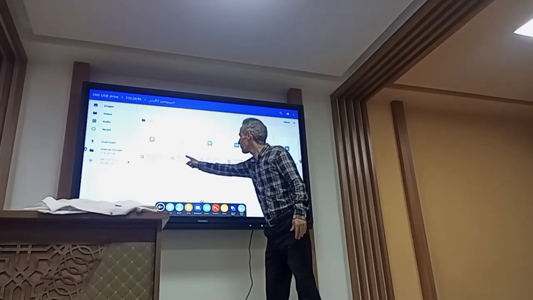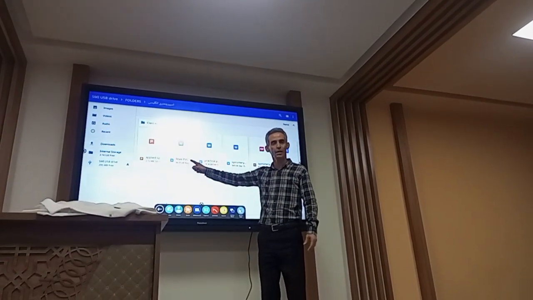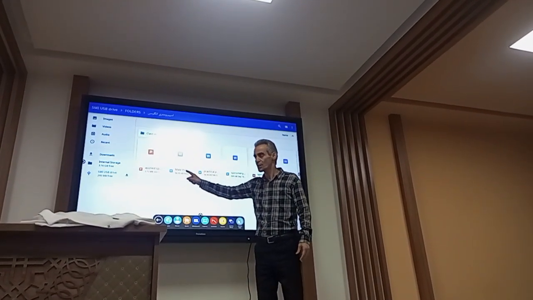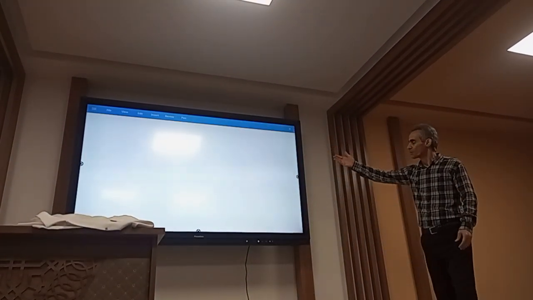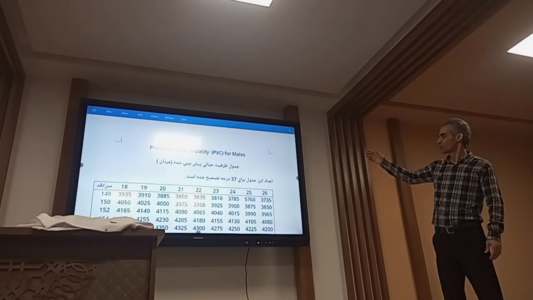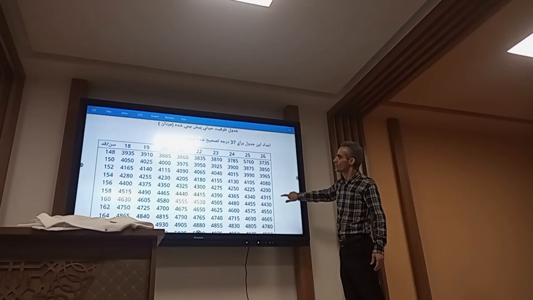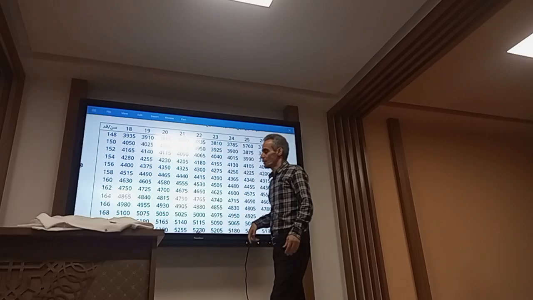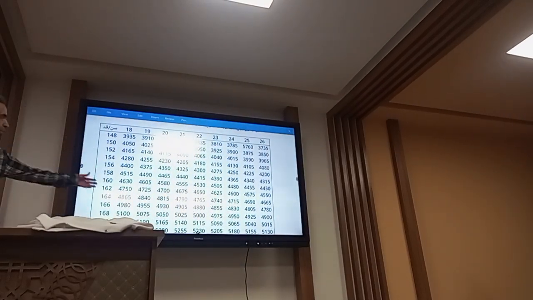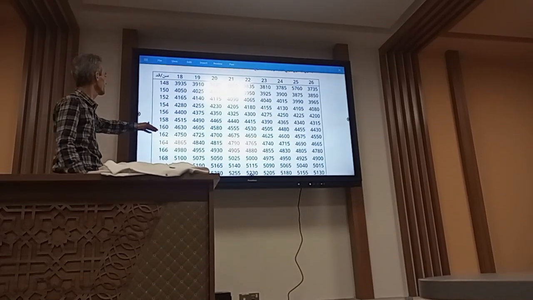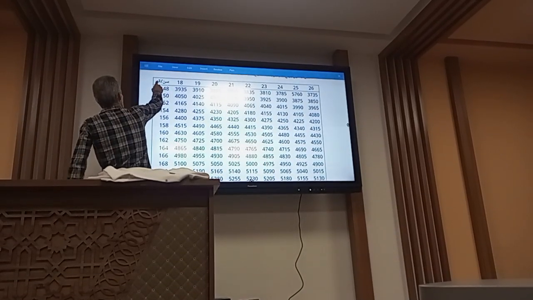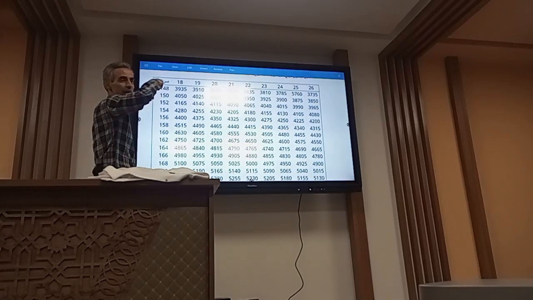Here you can see the male predicted vital capacity. For example, I open this and you look at this table. In this table, you can see the height and the age.